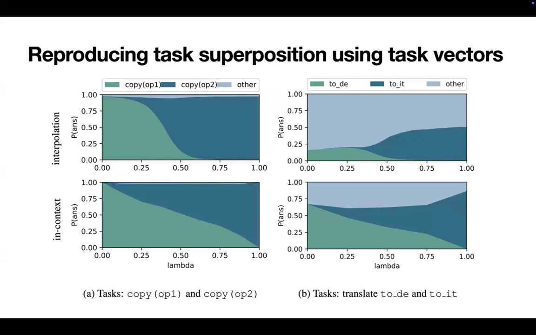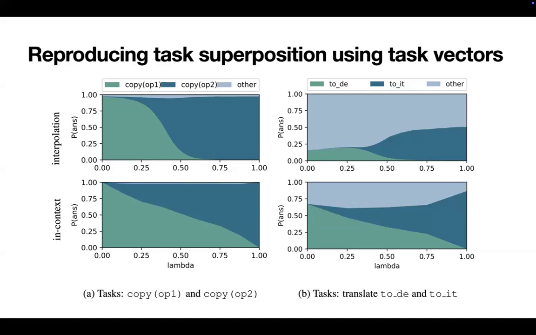But another thing we can see is that compared to the ground-truth baseline, if we only convex combine those test vectors, we see a larger noise, labeled by the other category.